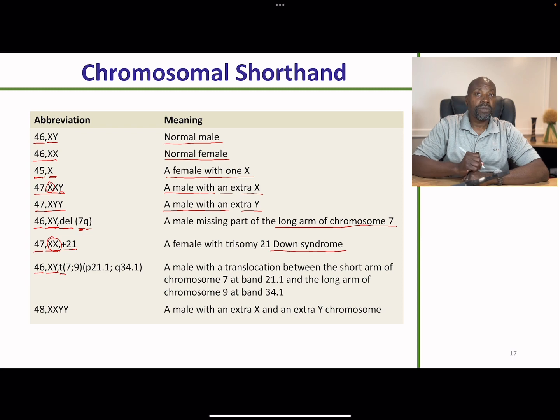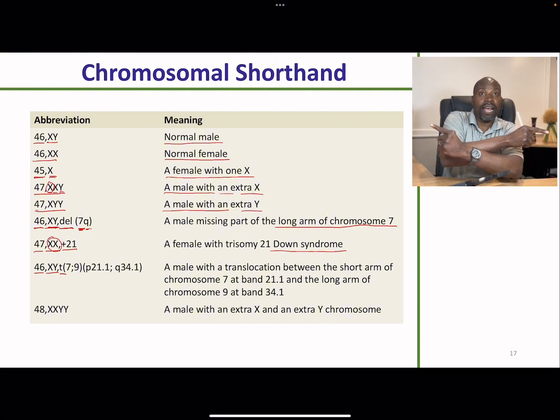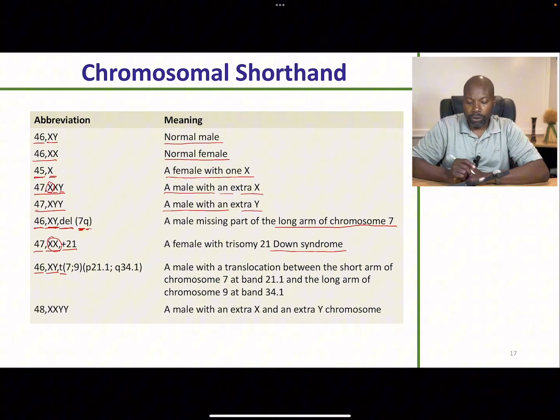T stands for translocation. Translocation means there is a shift, right? There is a shift. Translocation, right? Then we have 7, 9. There is something happening between chromosome number 7 and chromosome number 9, right? There is a translocation happening there.